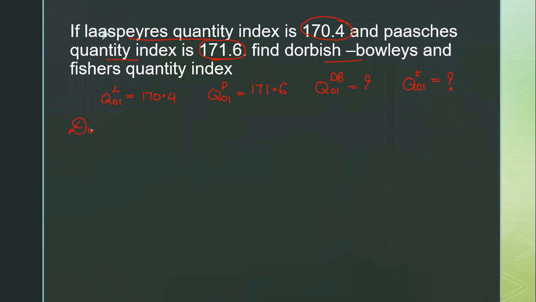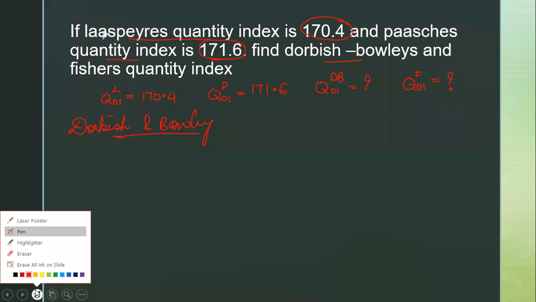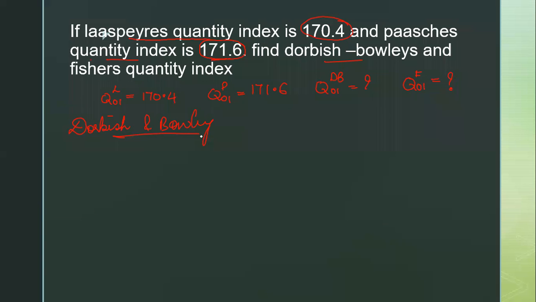First we'll find Drobisch and Bowley. This color is not visible, I guess, for you all. So first we will take Drobisch and Bowley. As they have given us directly, we can use the shortcut formula. That is, quantity of the base and the current year under Drobisch and Bowley is equal to half of quantity under Laspeyres plus quantity under Paasche.